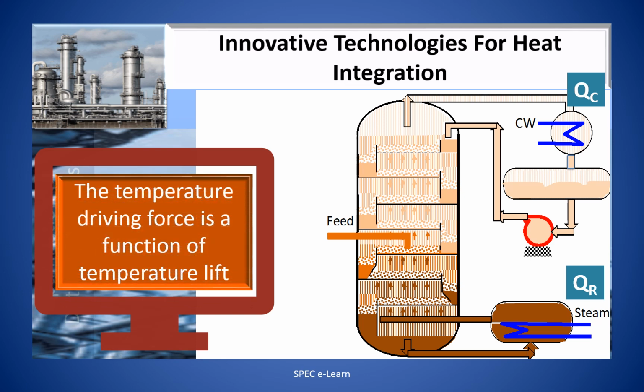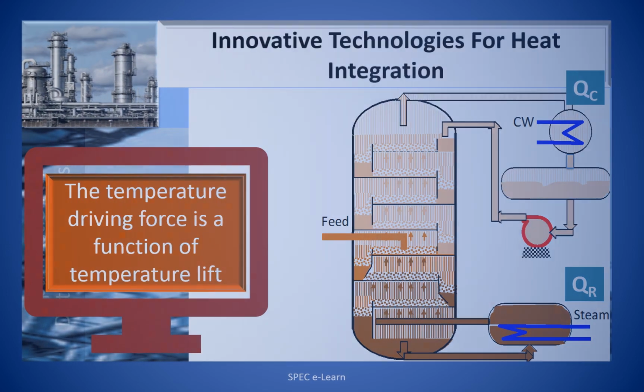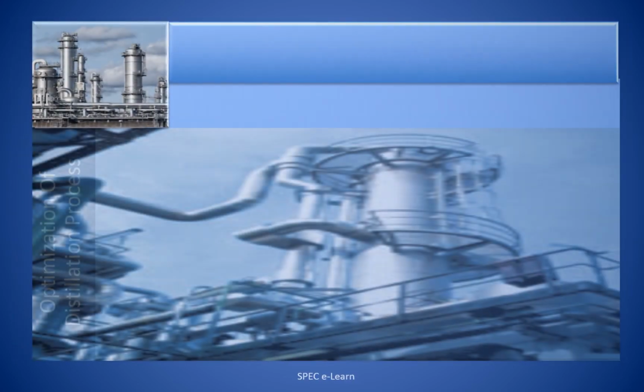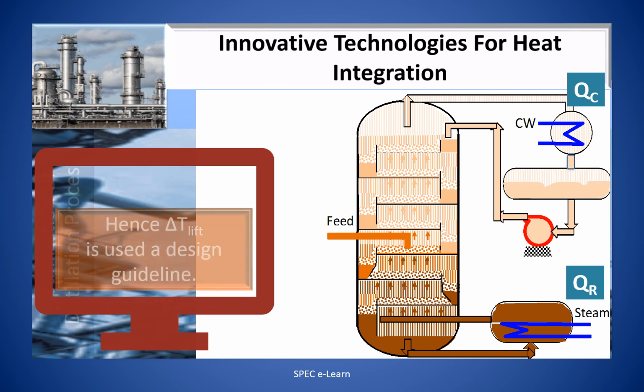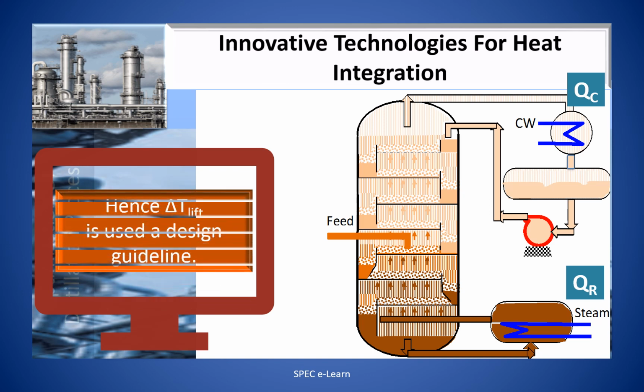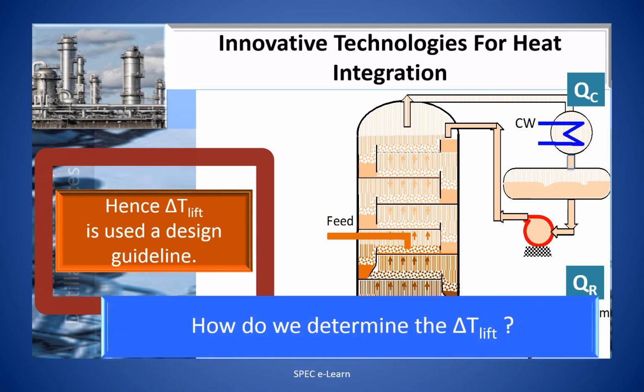The temperature driving force that we have just discussed is a function of temperature lift. Hence, delta T lift is used as a guideline in the design of heat pump system.